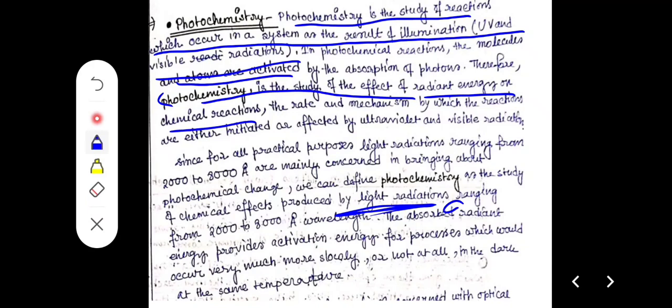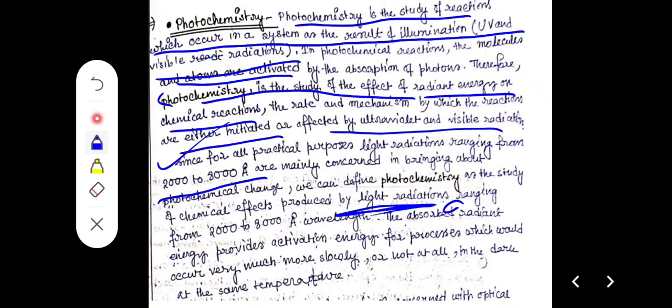It concerns the rate and mechanism by which reactions are either initiated or affected by ultraviolet visible radiation. Sometimes the reaction may be affected, sometimes the reaction may be initiated. For all practical purposes, light radiation ranging from 2000 to 8000 angstrom, that is 200 to 800 nanometer, the UV visible region.